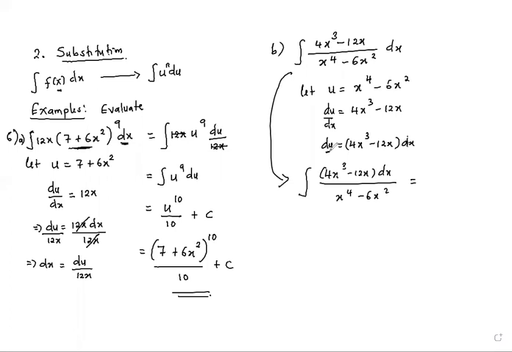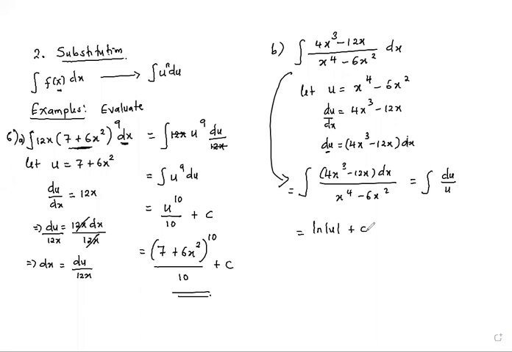So we are dealing with the integral of du over u, the whole denominator being our u. Every time I have du over u, it means the integral is ln of u plus c.